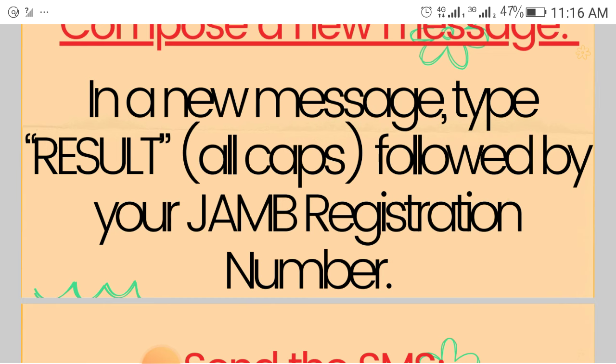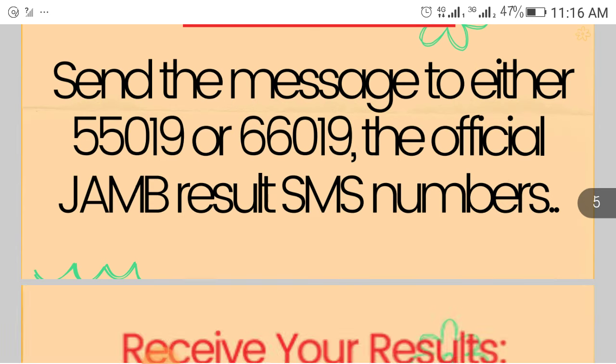So when you type result and your JAMB reg number, you will now send it as a message, just like you normally send a text message. Send it to this number, 55019, or you can also send it to another number, 66019.